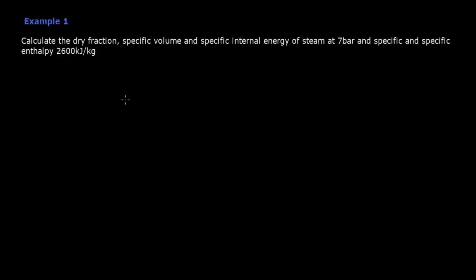Example 1: calculate the dryness fraction, specific volume and specific internal energy of the steam at 7 bar, given that the specific enthalpy is 2600 kilojoule per kilogram.